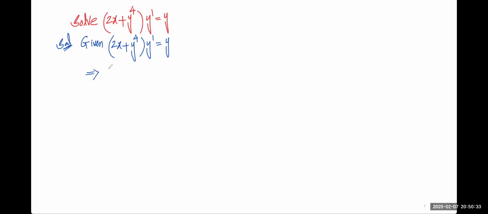Okay, sir. 2x plus y to the power of 4. For my convenience, I am writing dy by dx instead of y dash, is equal to y. Now, if I want to make dy by dx the subject, then the multiple goes to the denominator: y by 2x plus y to the power of 4.